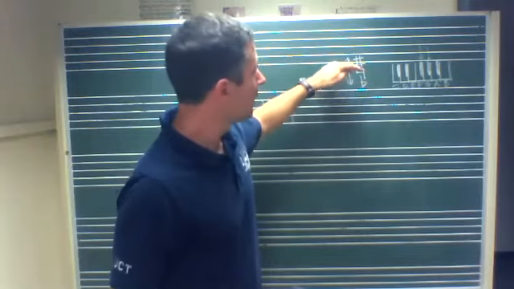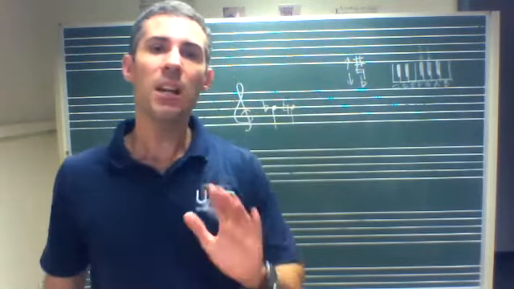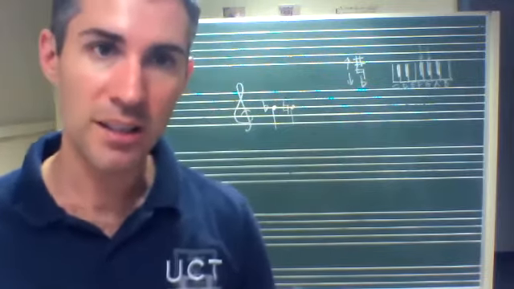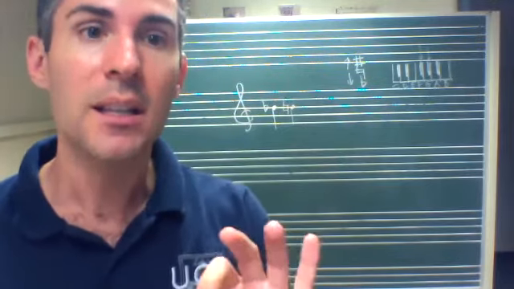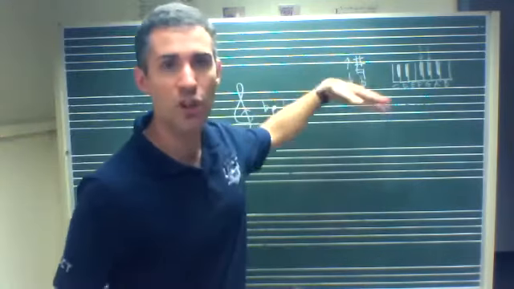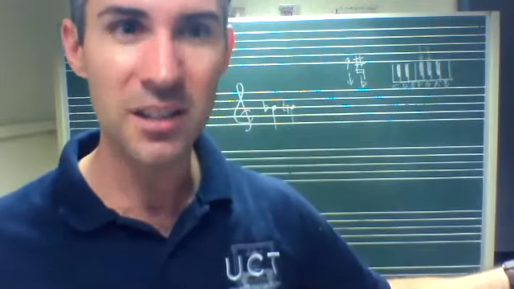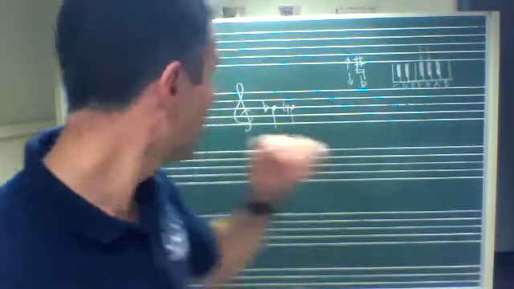Flat is at the bottom, natural's in the middle, sharp is at the top. The only time you use a natural sign, and this is important, is if you've used either the flat or the sharp before it and you want to cancel it out. Otherwise, notes are considered natural.